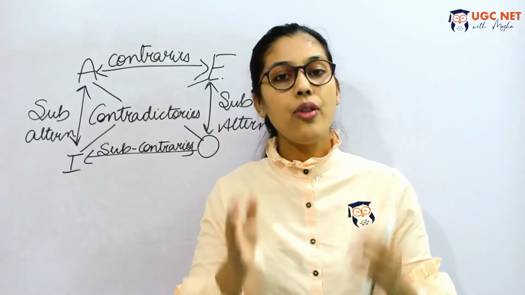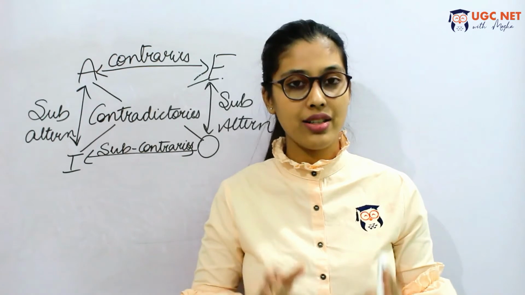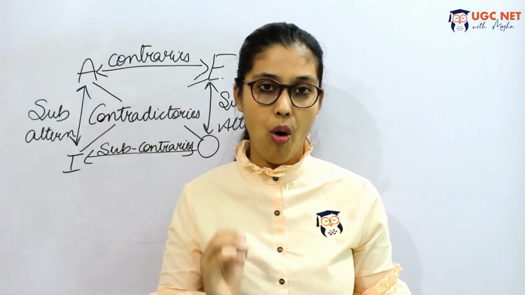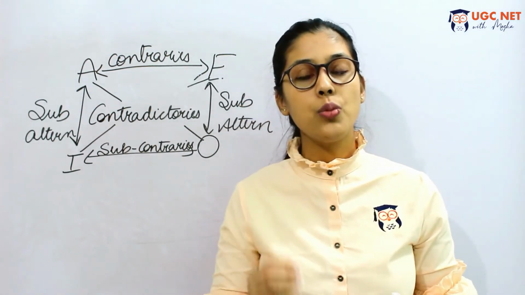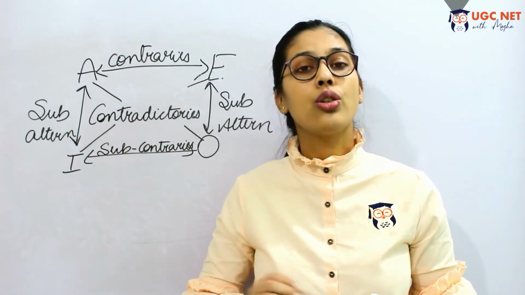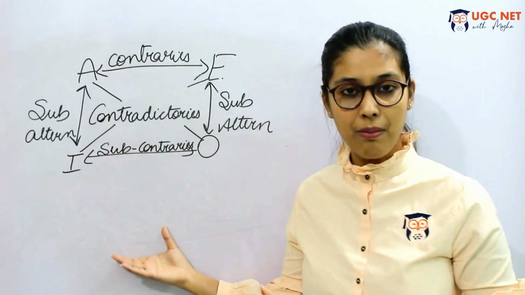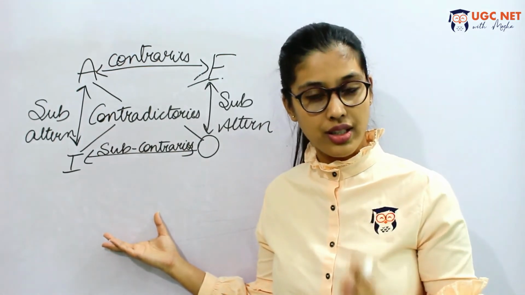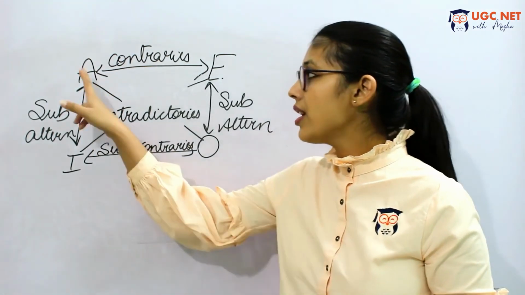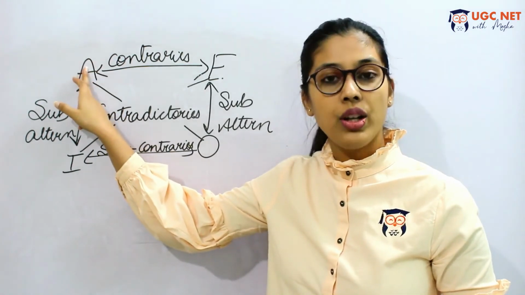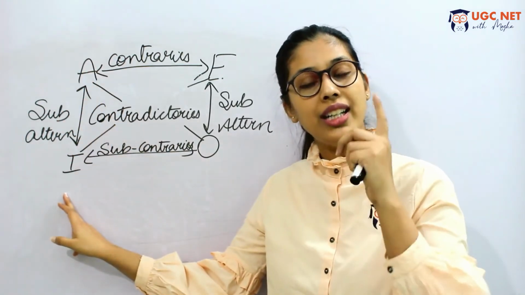Now the last type of relationship that we are going to understand here is the subalterns. So the subalterns work on the principle that truthful downwards and falsity upwards. So what do we mean by truthful downwards and falsity upwards is, firstly, if A is true, then this I-type statement would definitely be true.